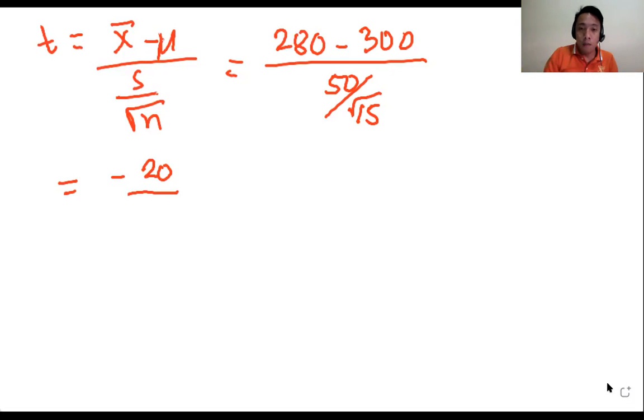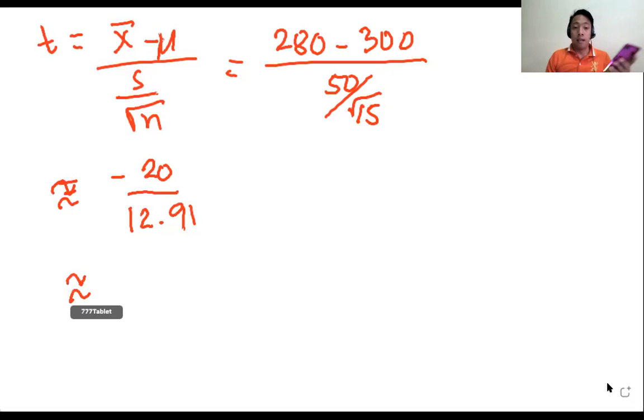So we have here 12.91. It's approximate because it is not exact. And then I will divide negative 20 by that answer.